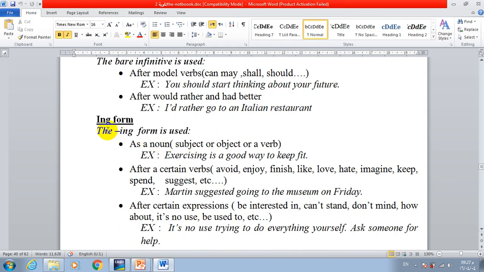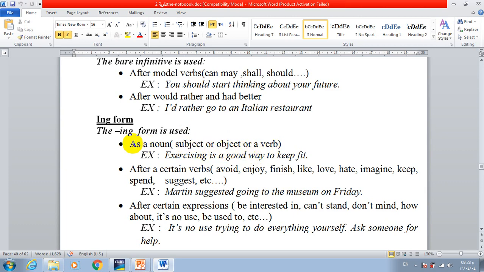Now let's go to the ing form. The ing form is used as a noun in the sentence, and it may be the subject or object in the sentence.